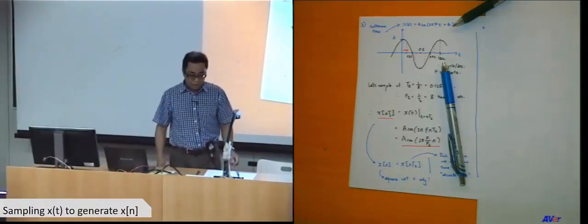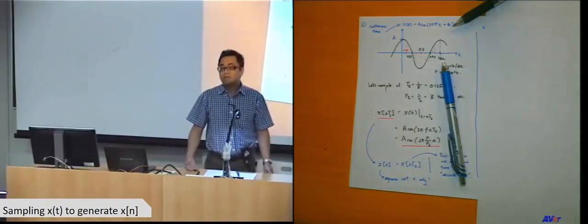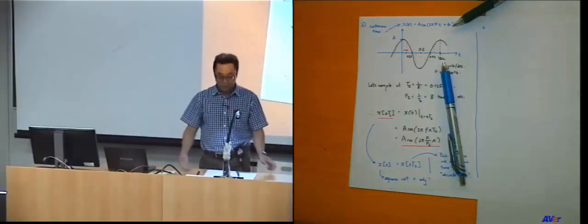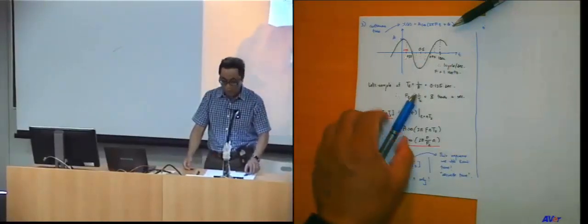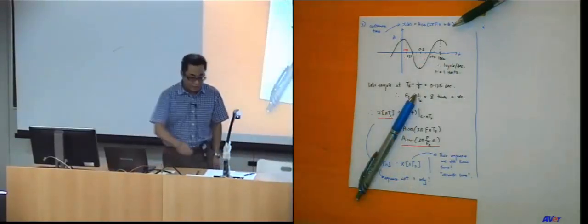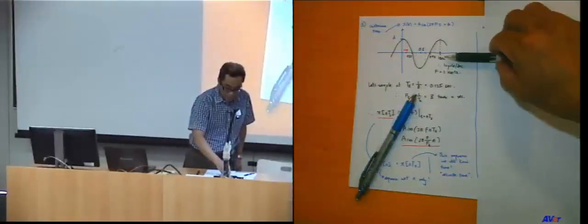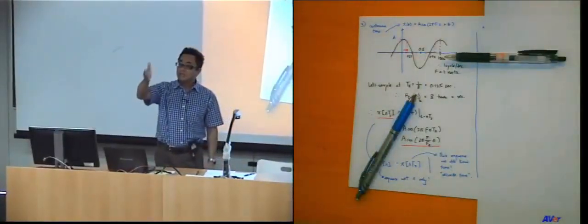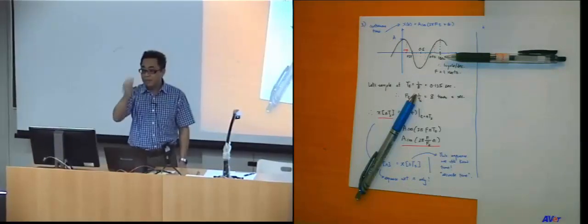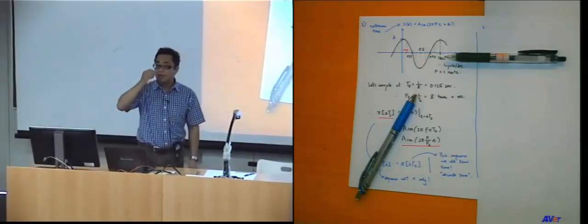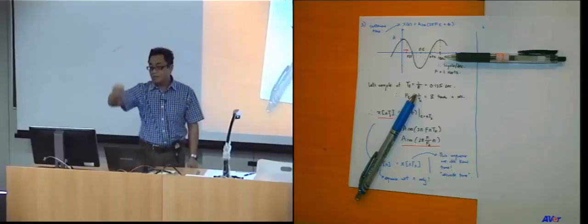Now we begin to say we have a continuous time signal and we want to sample it. In this example, I'm going to sample at 1/8 of a second. That means in 1 second, I'm going to see the value 8 times. Imagine the sampler is your eyes and the cosine is running in time.